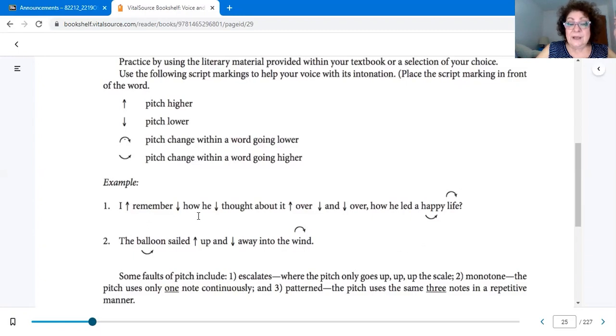I remember how he thought about it over and over, how he led a happy life. The balloon sailed up and away into the wind. And it's different than the balloon sailed up and away into the wind.